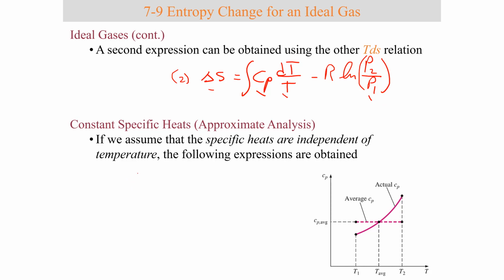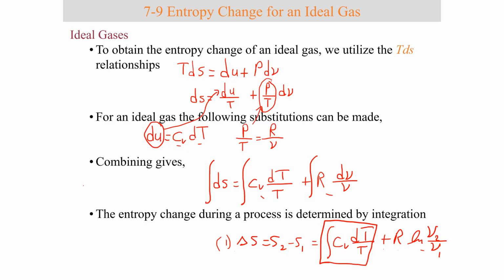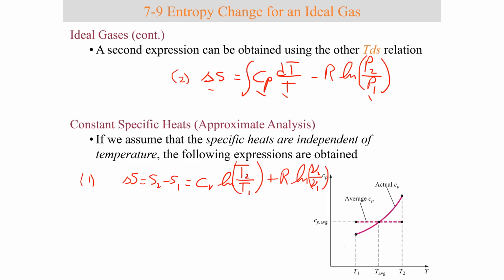So if I take those two equations and evaluate the integral assuming constant specific heats, I get a natural log term. I get Cv natural log T2 over T1, plus R natural log v2 over v1, and that's for equation 1, if I carry out the integral assuming constant specific heats.